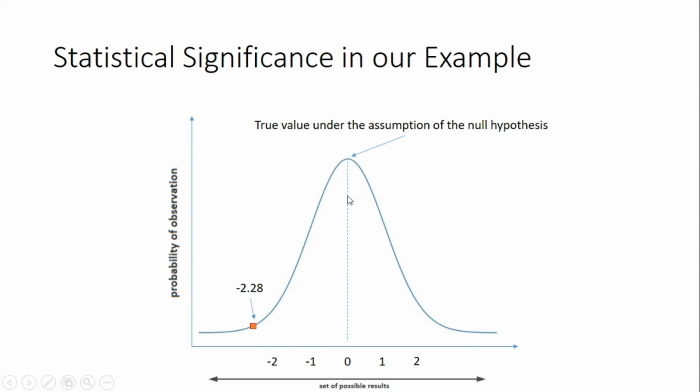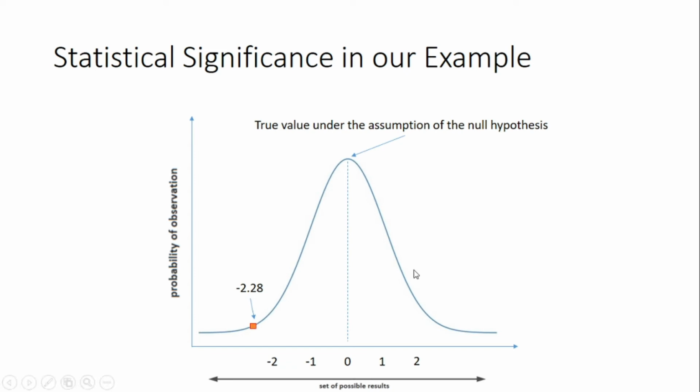In fact, if there is a 1% chance of finding such a value, then with 99% likelihood we can reject the null hypothesis. We can say, no, it's not correct. There is a non-zero effect of class size on the test score.